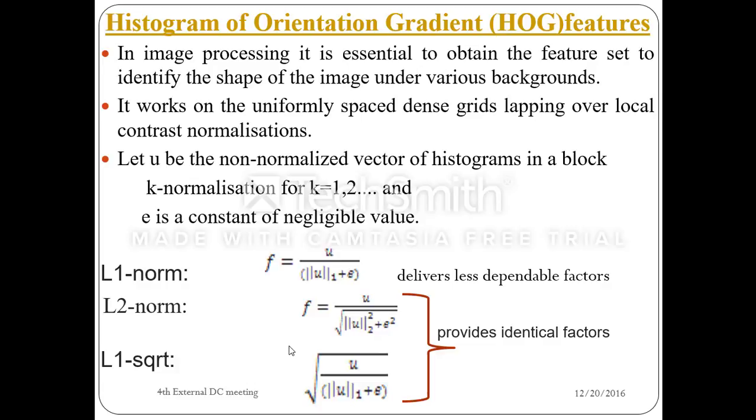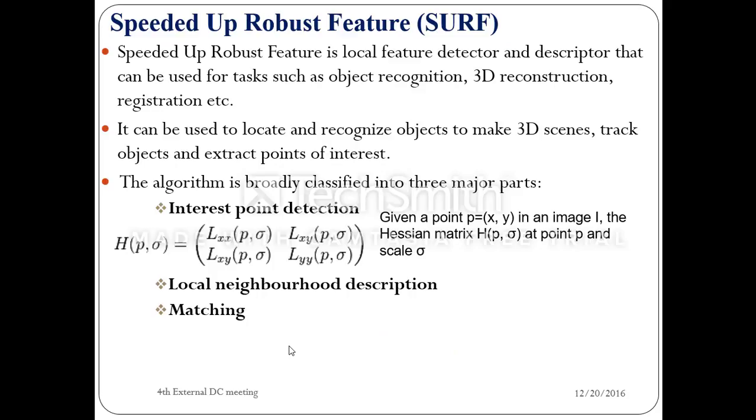It uses contrast and delivers dependable factors. It provides identical factors in two equation parts. The PPT shows two images: L1 normalization and L2 normalization, where L2 is the square. It provides identical factors.